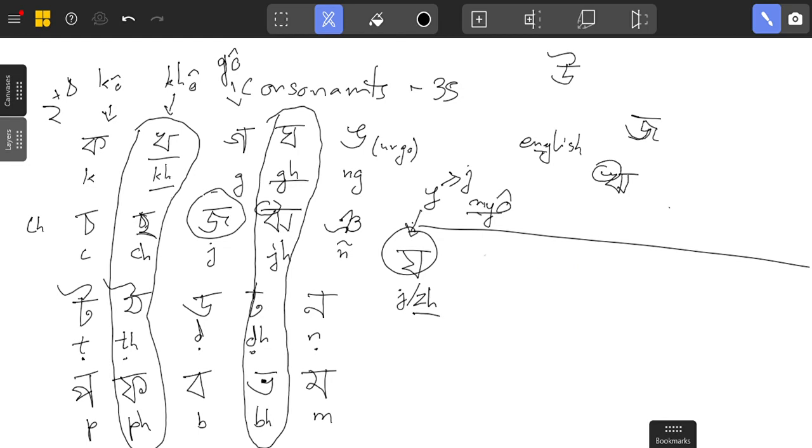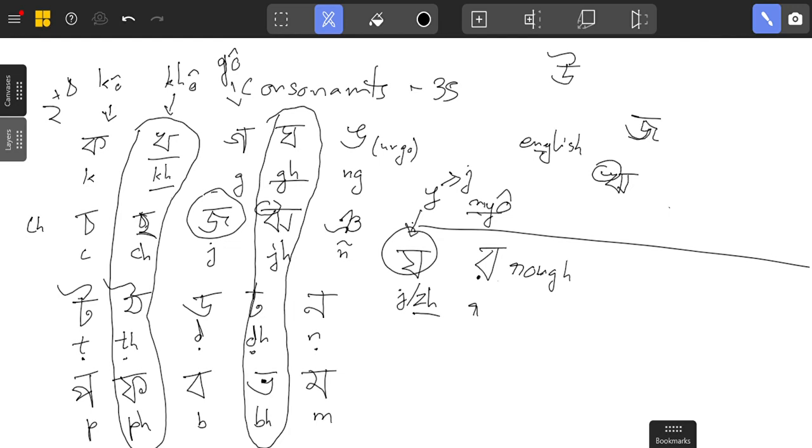Next, we have raw, raw. And this is not like your English R. It's not R, but raw. It's a harder R, raw. As in rough. English letter rough, although that is also kind of like the other R, but I don't know.